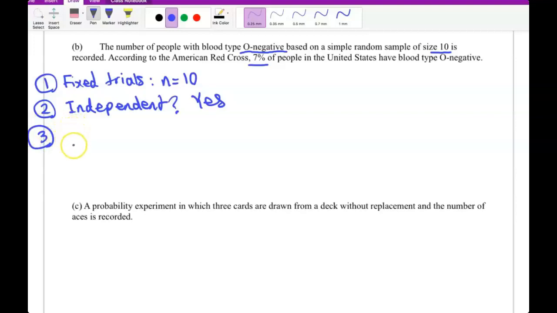Then what are our outcomes? We have 2 outcomes, and what that is, having this blood type O negative or not having that blood type. So O negative or not O negative.